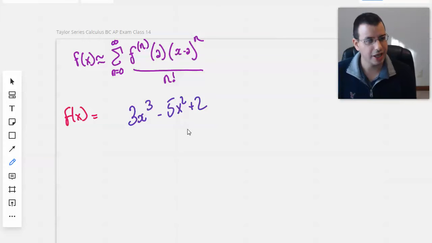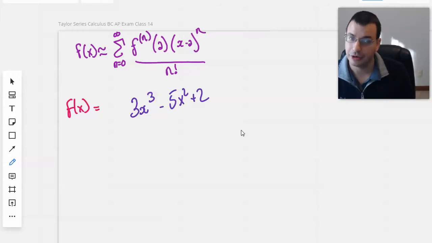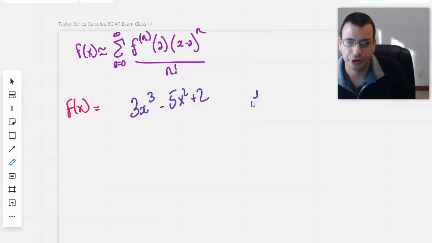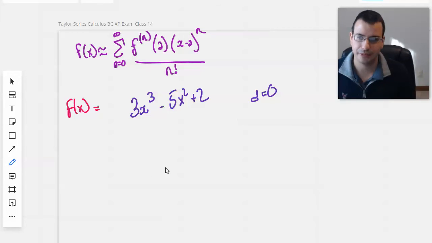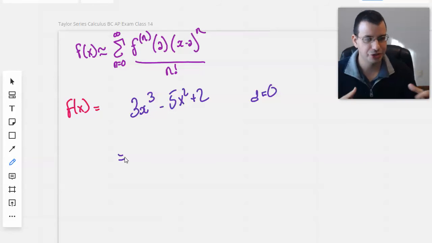But it already has x squareds and coefficients, so ideally we should get the same thing back using this formula. We'll approximate this about a equals 0, but you could choose another a. If I was a better person, I would choose a equals something else, just to show that it works for other things. I'm not that creative.